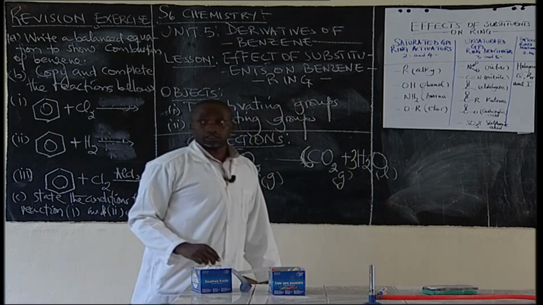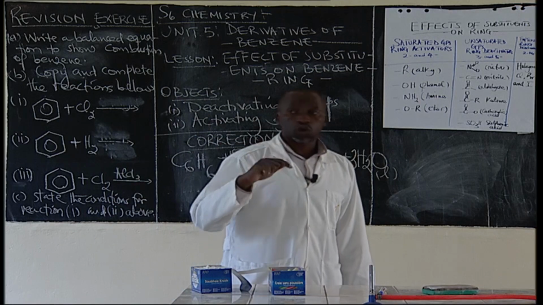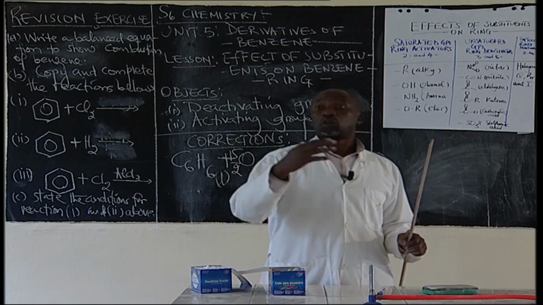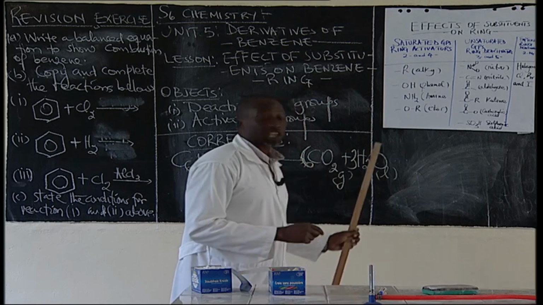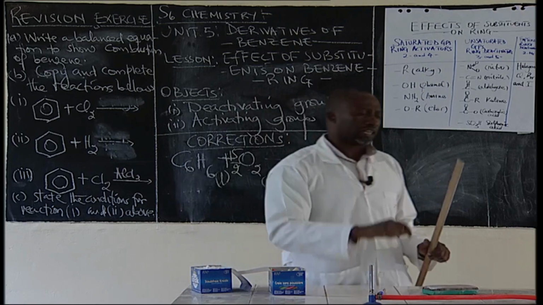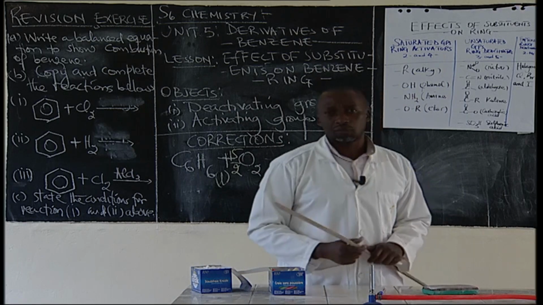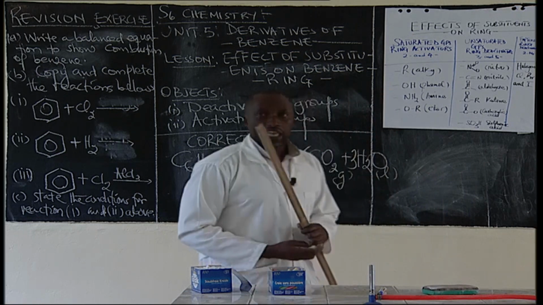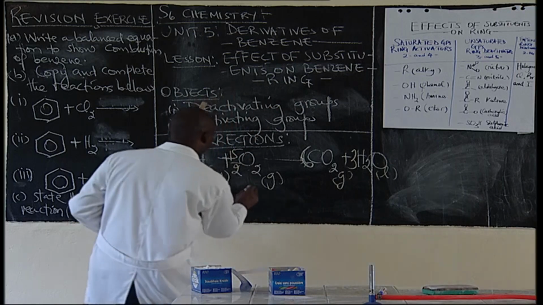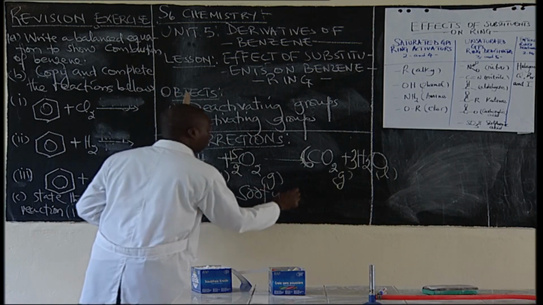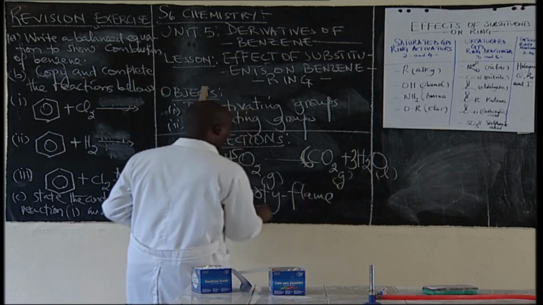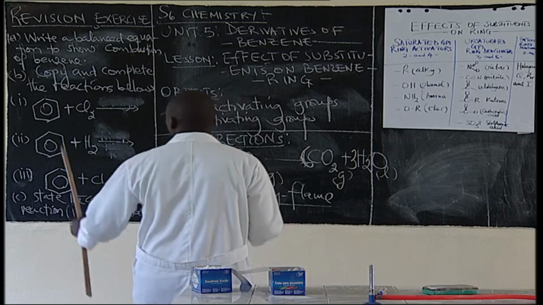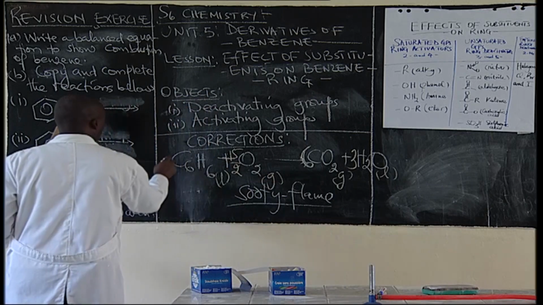Benzene, because of its high carbon content, when it burns, produces carbon dioxide and water, but with some particles of carbon produced. So it burns with a sooty flame, or we can call it a smoky flame. So that is part A, number 1.